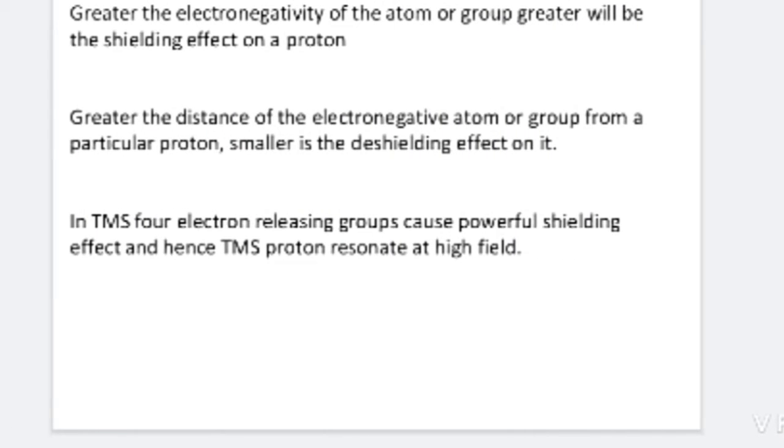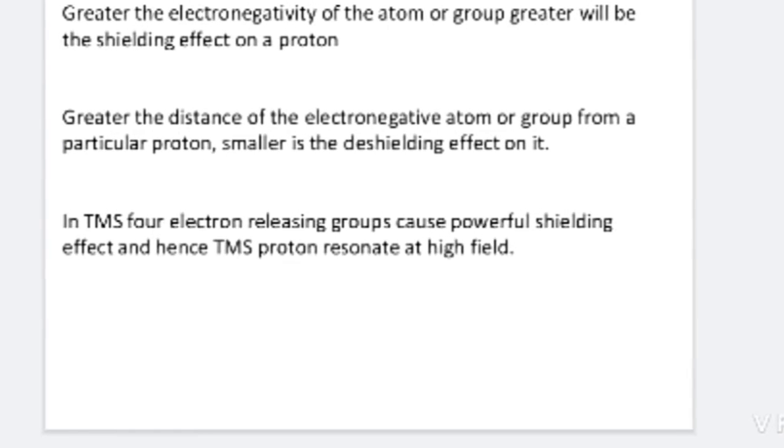This is the most important point in the chemical shift actually. Of course, this is the most important slide in this presentation. Greater the electronegativity of the atom or group, greater will be the deshielding effect on a proton.